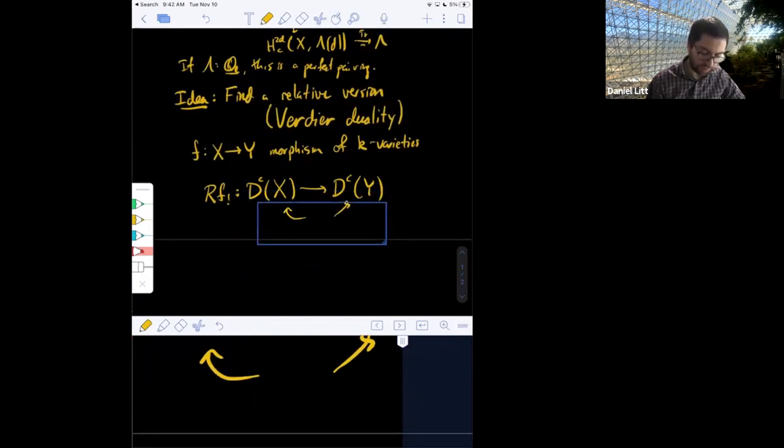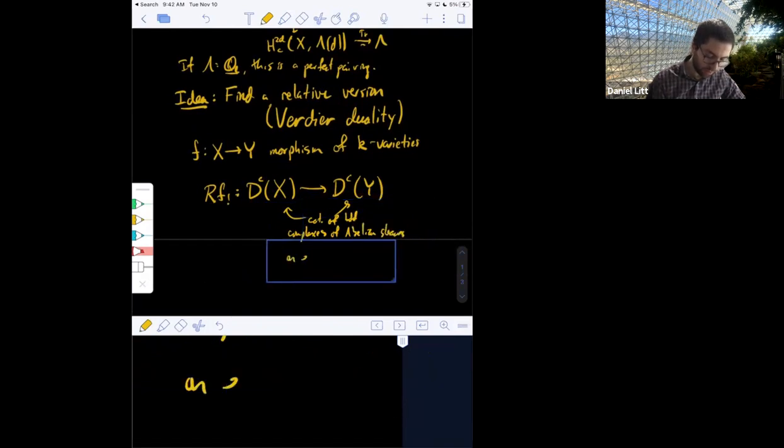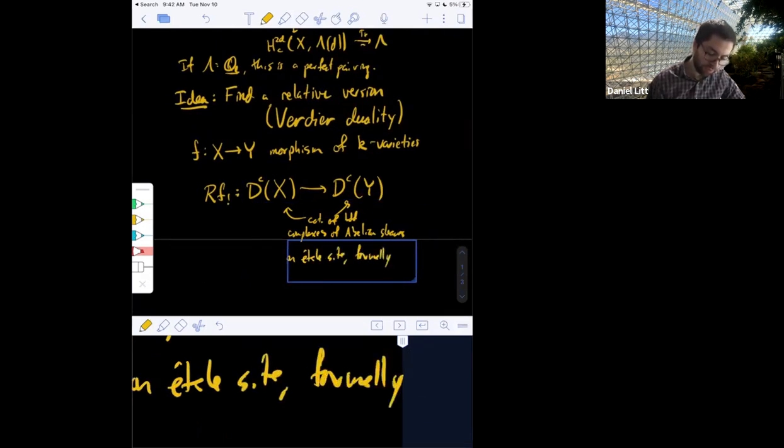You take the category of bounded complexes of abelian sheaves on the étale site, and formally invert quasi-isomorphisms.